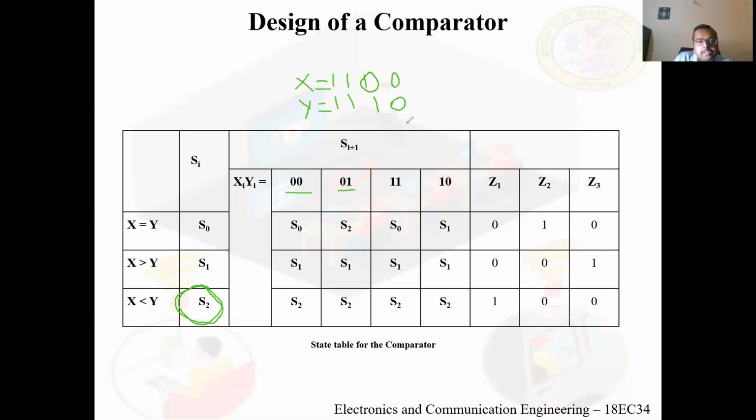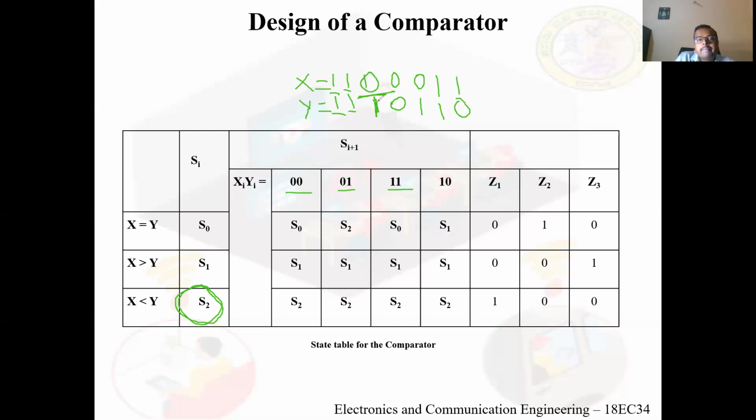Next we have 0, 1, 0, 1. Next we have 1, 1, 1 and 1, 1 and 0. Now first these two bits are compared, X is equal to Y. Now this is equal, we already studied equality when the present state is this one. Now here we have 0 and this is 1. X is 0, Y is 1.